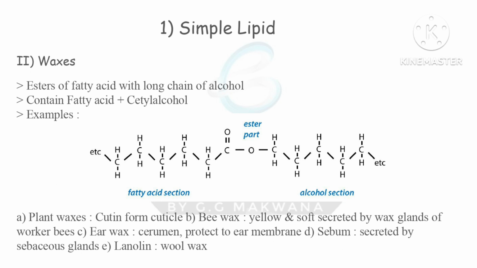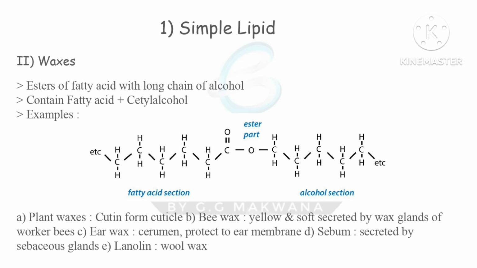One thing you have to remember is that the hydroxyl group of the fatty acid and the hydrogen ion of any other molecule combine, and here an alcohol is combined and an ester linkage is formed between carbon atoms of these two separate molecules. So esters of fatty acid with a long chain alcohol form waxes, containing a fatty acid plus cetyl alcohol.